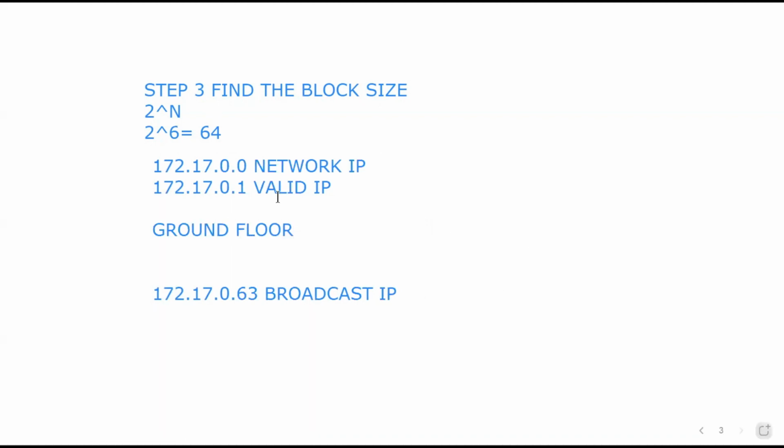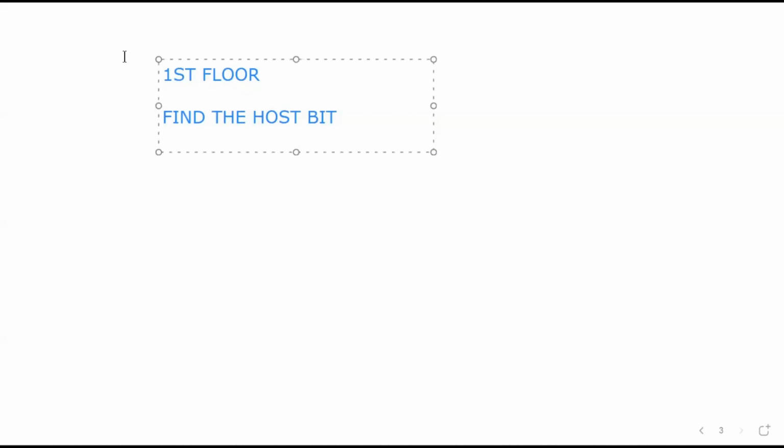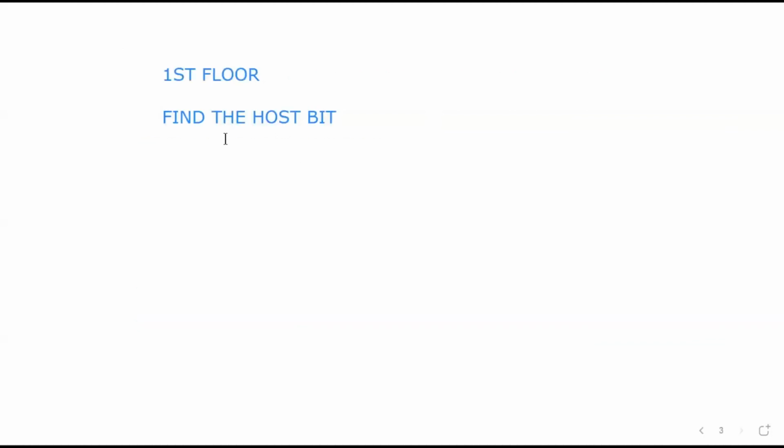Then we write the IPs for the first floor. Again, the same steps. Find the host bits. Thirty, right? 2 to the power n subtract 2 is greater than or equal to 30.